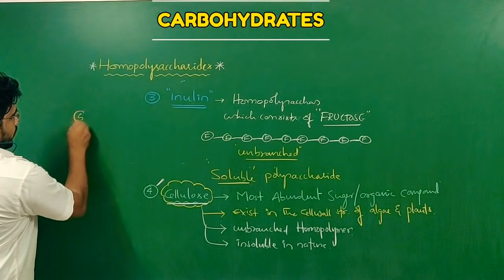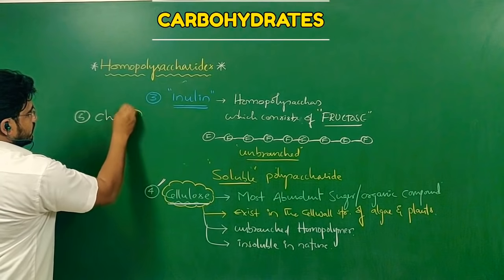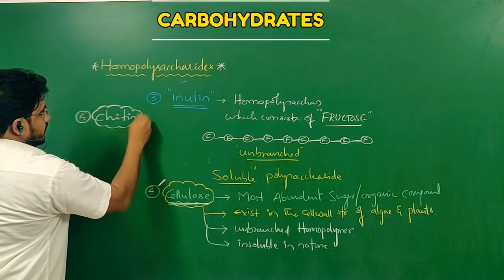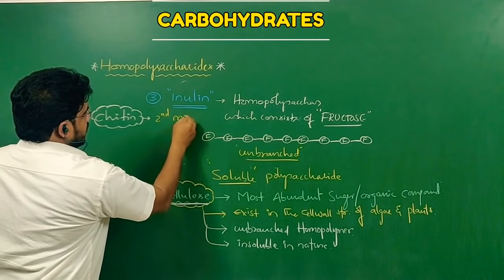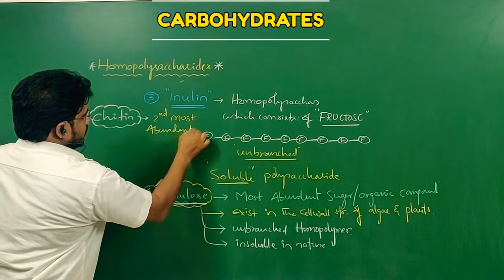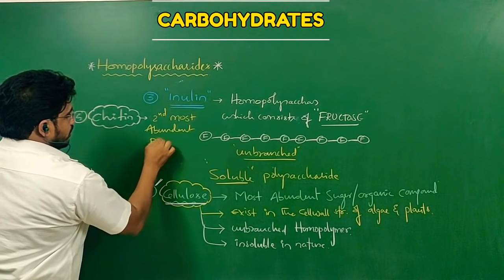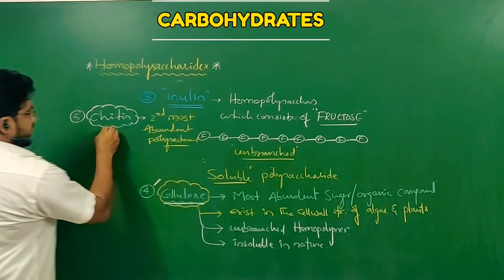And fifth homopolysaccharide, that is chitin. Chitin is the second most abundant organic material or polysaccharide. Where does the chitin exist?